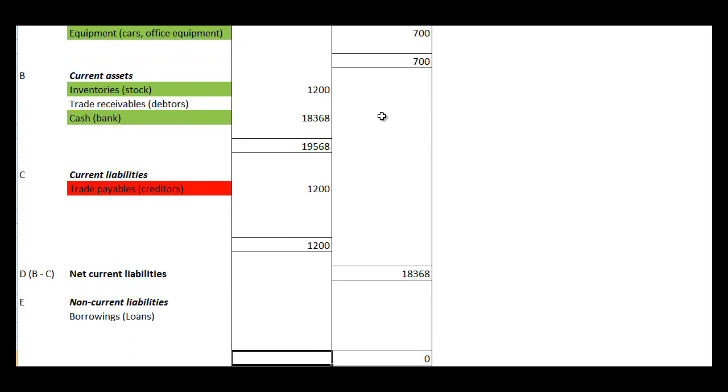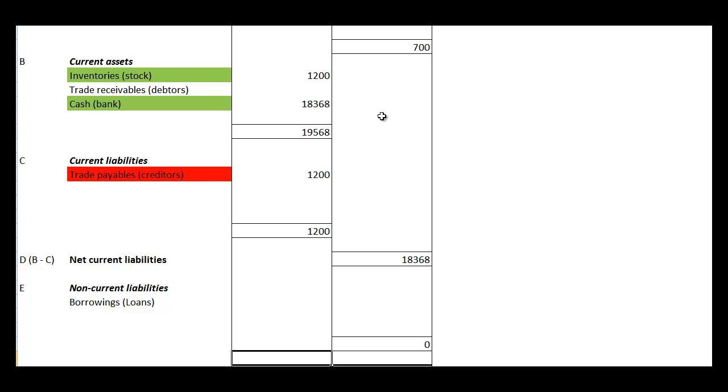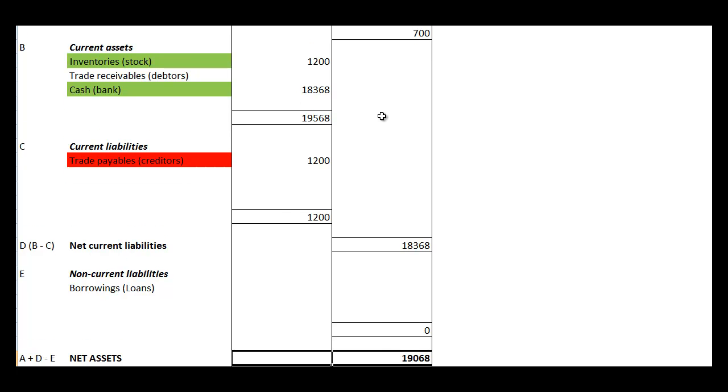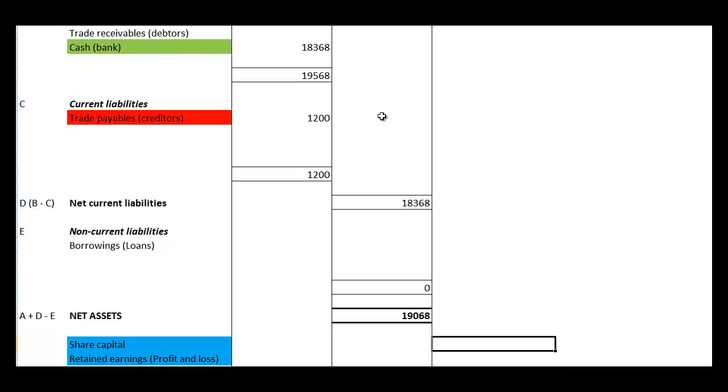And as there are no long-term borrowings or non-current liabilities, you can see that our net assets are now £19,068. £19,068 is our total net assets.